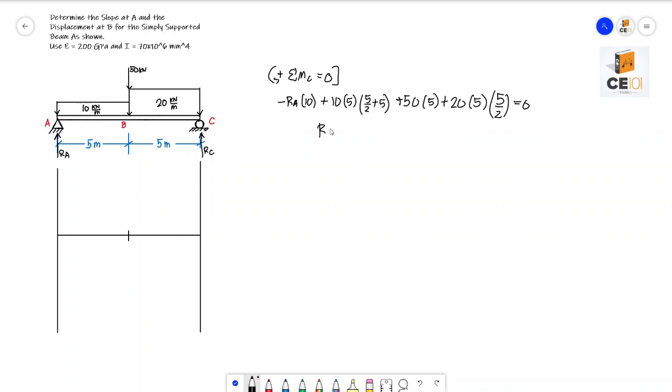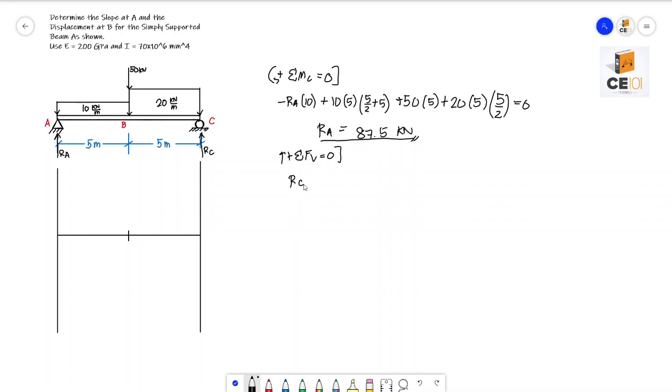So makukuha naman nating RA dito will be 87.5 kilonewton. So ito yung reaction natin sa A. Then summation of forces vertical na lang tayo para makuha naman natin yung ating RC. So pataas is positive.